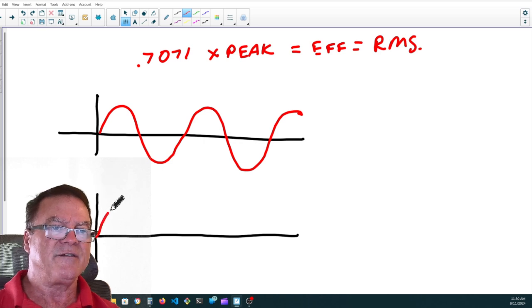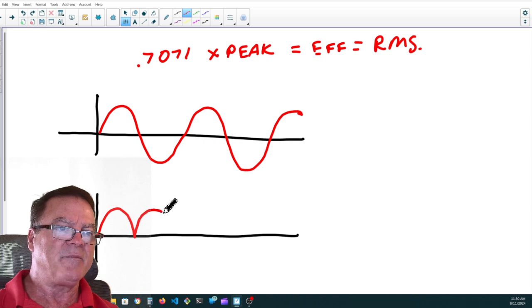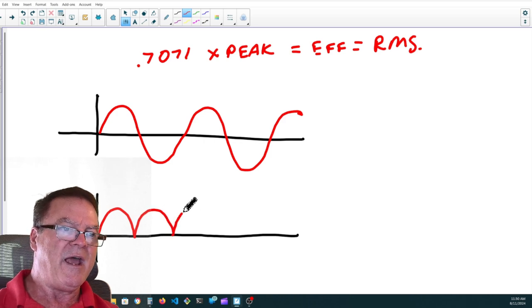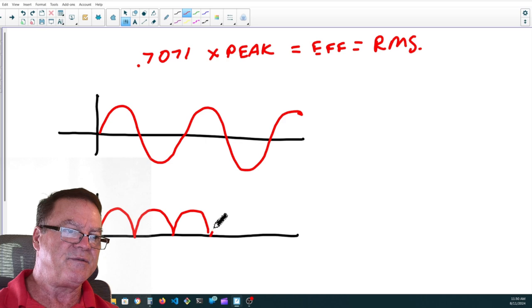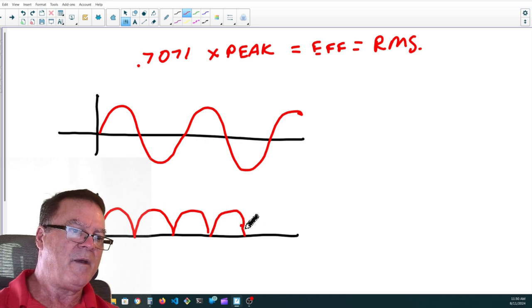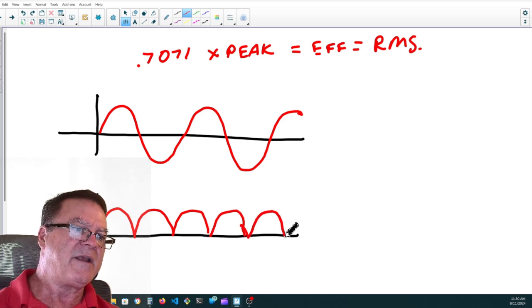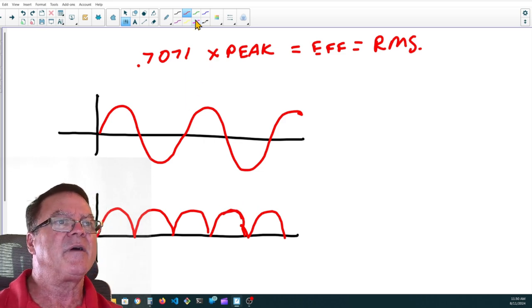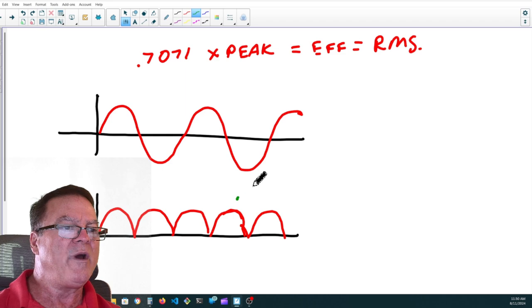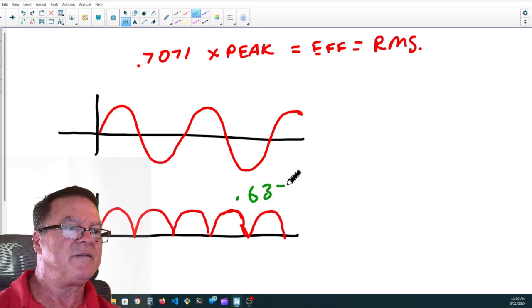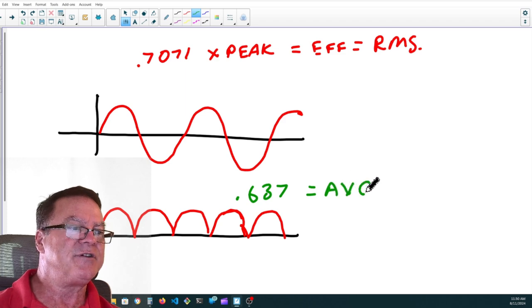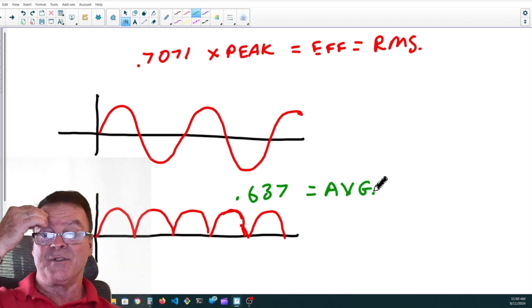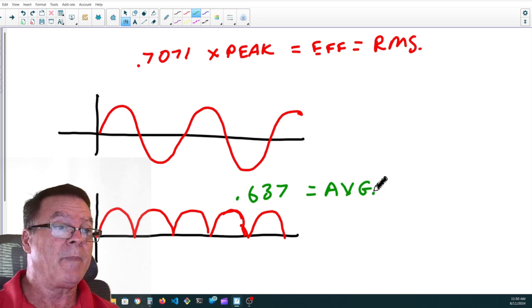If I take a rectifier and I flip all of the negative amplitudes over and make them positive amplitudes, now I'm not going to get 0.7071 times peak. I'm only going to get 0.637 times peak. I'm going to get the average of the values of those amplitudes.